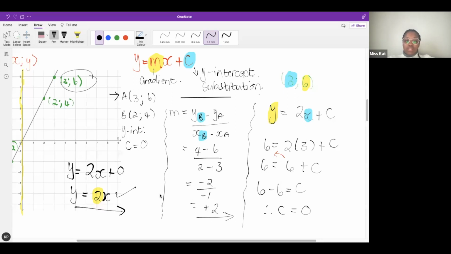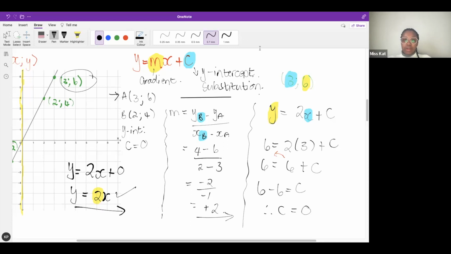So whoever asked about how do we work out with substitution, now I forgot who you are, I'm very sorry. Do you understand how we can find c in both methods? Actually, does everyone understand the two methods of finding c from the graph? Do we all get it? Yes, I see thumbs up in the reactions. Thank you.